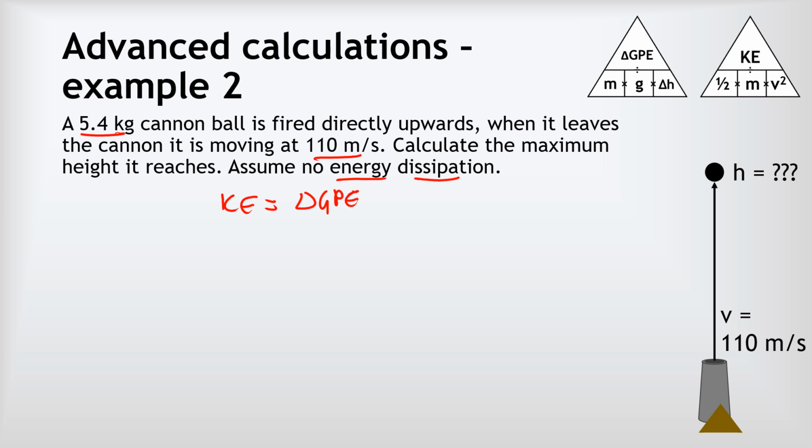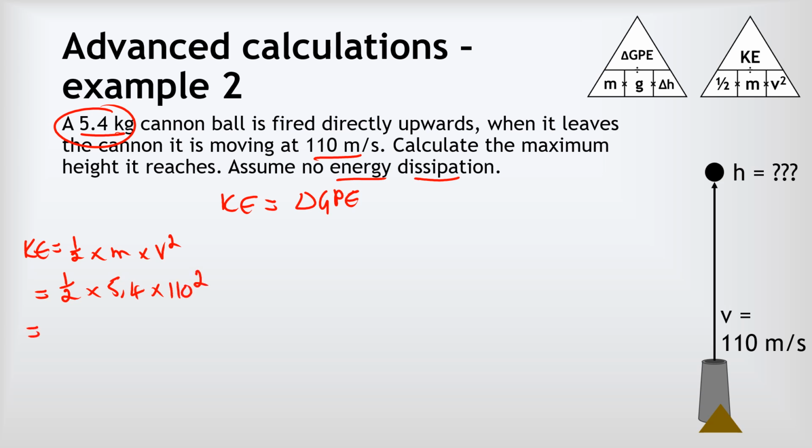So we've got all the information we need to find the KE. So let's do that first. So we can say KE equals half multiplied by m multiplied by v squared. So that is half multiplied by the cannonball's mass, which is 5.4, multiplied by v squared, so that is 110 squared.